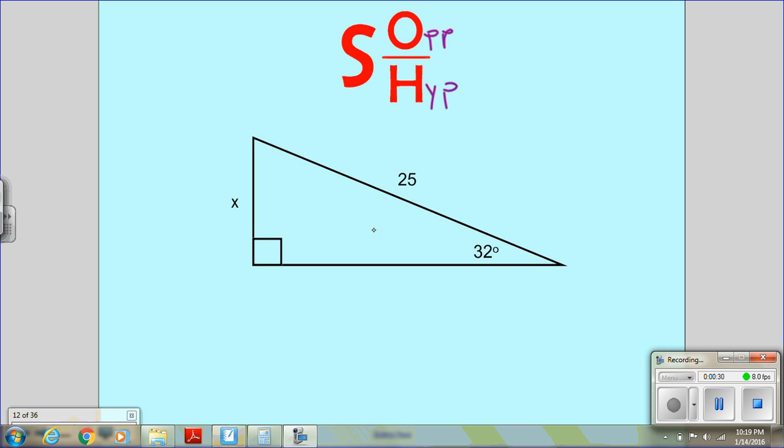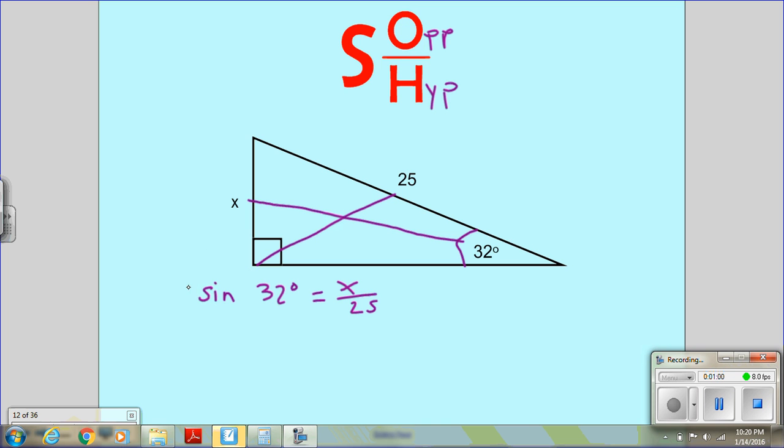So in this triangle here, if I wanted to find the sine of 32 degrees, it would be equal to opposite, the side opposite of 32 is over here, x, over the hypotenuse, which again is always across from the right angle, so 25.